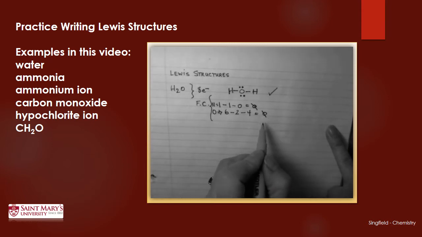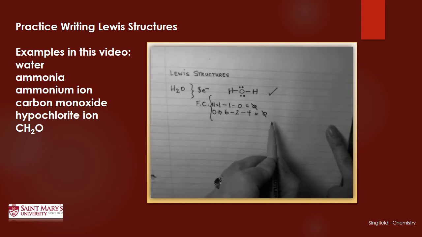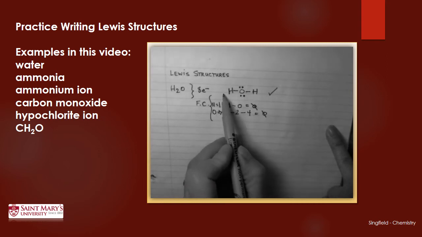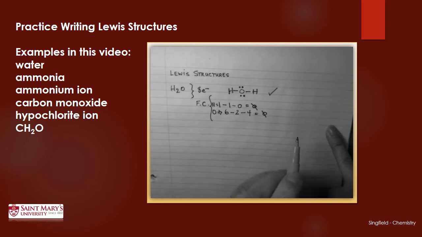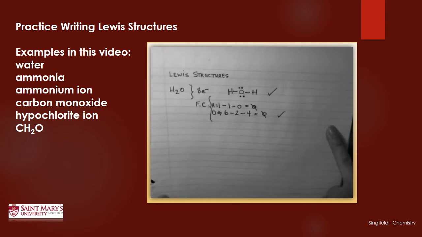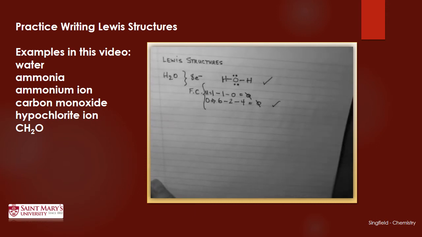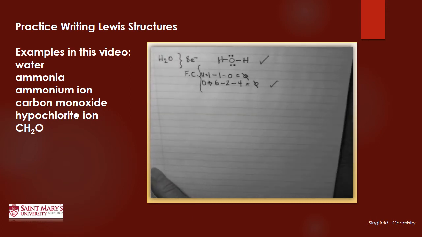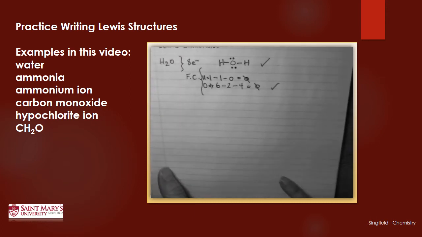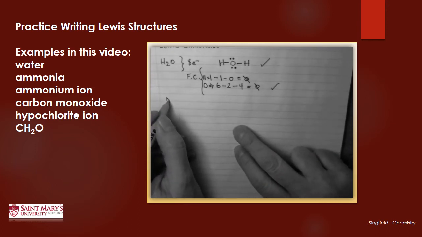The sum of the formal charges, so 2 zeros for the hydrogen, a 0 for the oxygen, is equal to 0, which is the charge on the molecule. Of course, it's neutral, and so that all adds up as well. Okay, so that's our first straightforward example on H2O. Let's try ammonia, NH3.